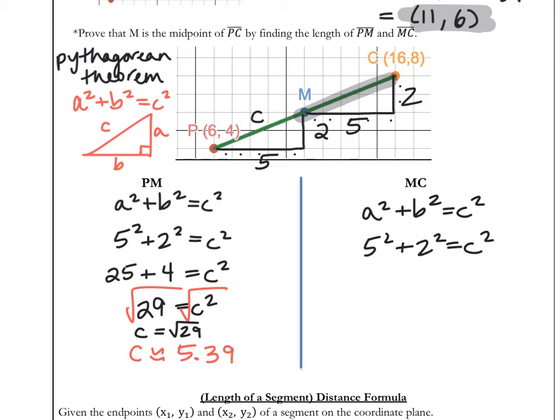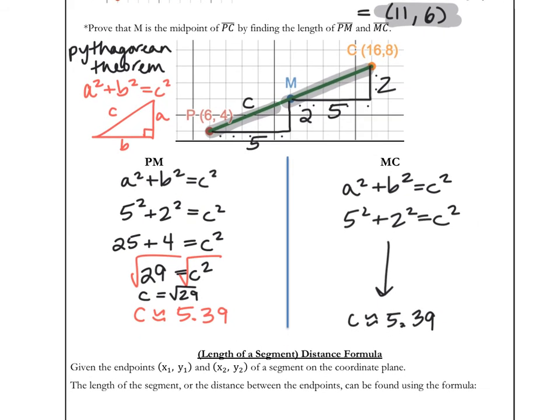Spoiler, this solves the exact same way. You're still going to get 5.39 approximately. And so the question was, prove that M is the midpoint of PC by finding the length of both PM and MC. Is M the midpoint then?